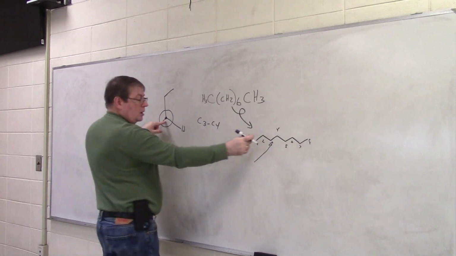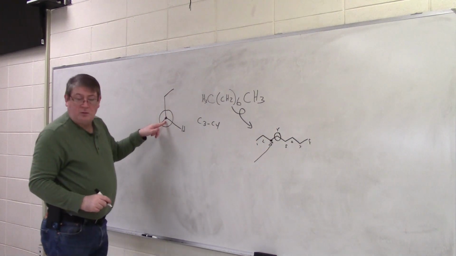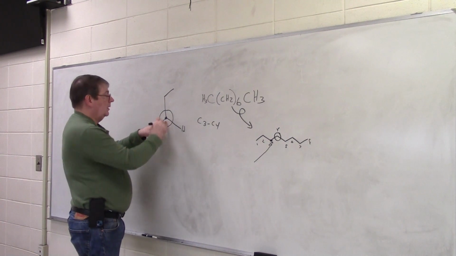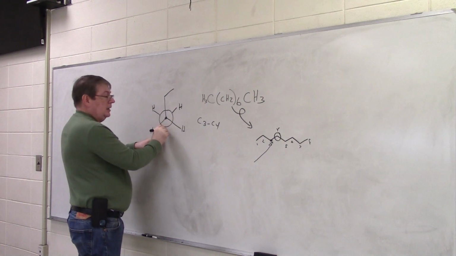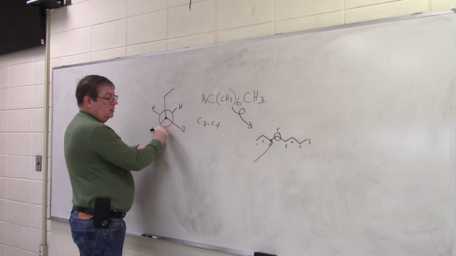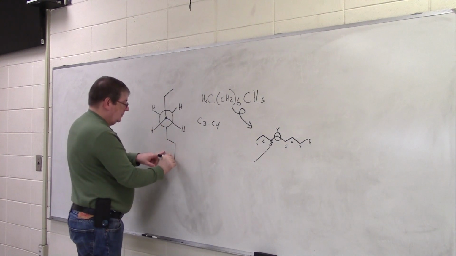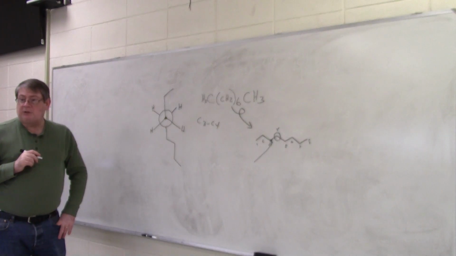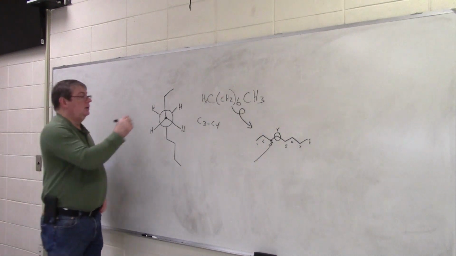Okay, so that's my front carbon right there. This is going to be my back carbon, the circle. What's going to be attached to that? 2 hydrogens, and then 5, 6, 7, 8. That's what that Newman projection would look like, looking down that carbon-3, carbon-4 bond.